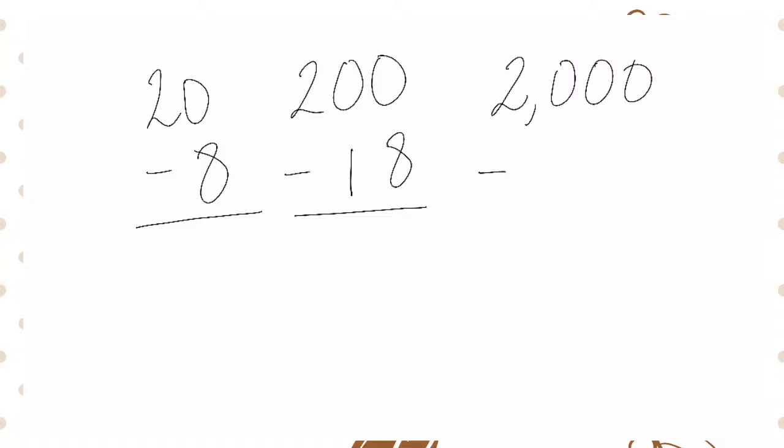So let me go ahead and jump on into, I'm going to share my iPad. Now, when we're talking about connecting the 4 operations, let me get this together. If I have 20 minus 8, and my handwriting is not that great, so forgive me, 200 minus 18 and 2000 minus 18.